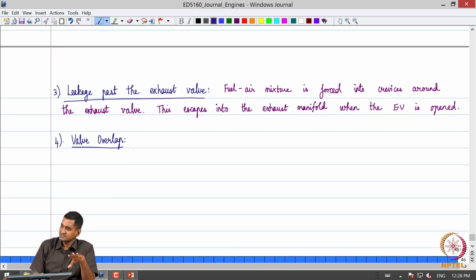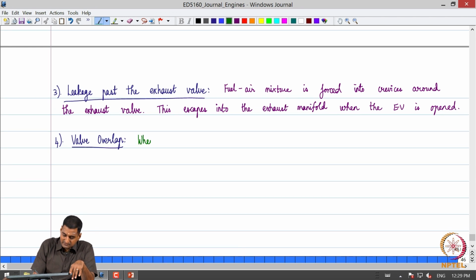That is why it is called valve overlap. And when will this be more significant? At lower RPM. If you recall, at lower RPM there is more time available for each stroke, so the overlap occurs over a larger time interval, and that promotes the fresh fuel air mixture escaping into the exhaust manifold.